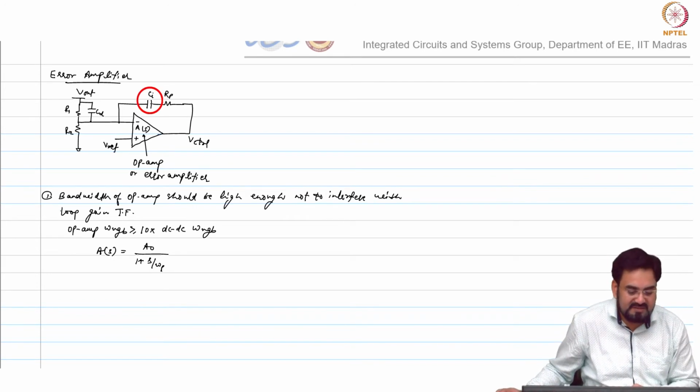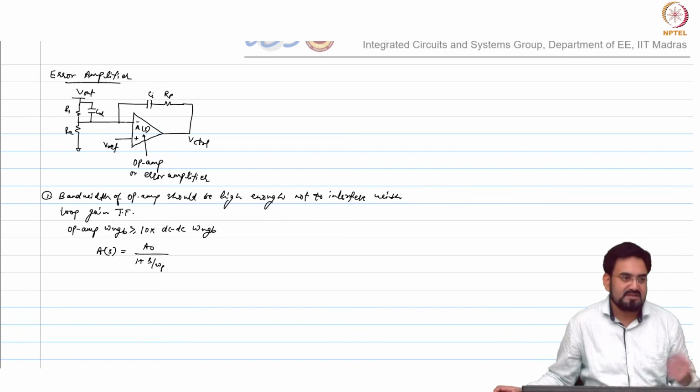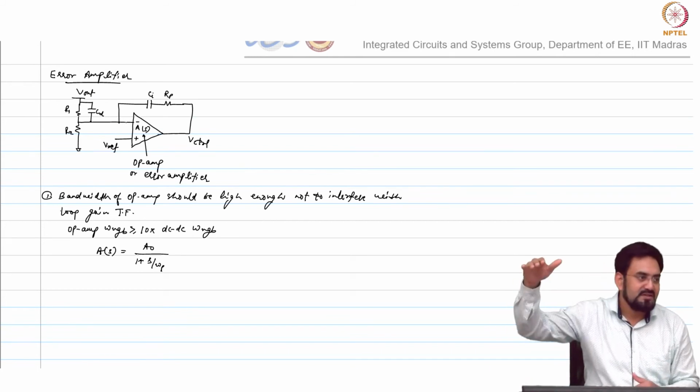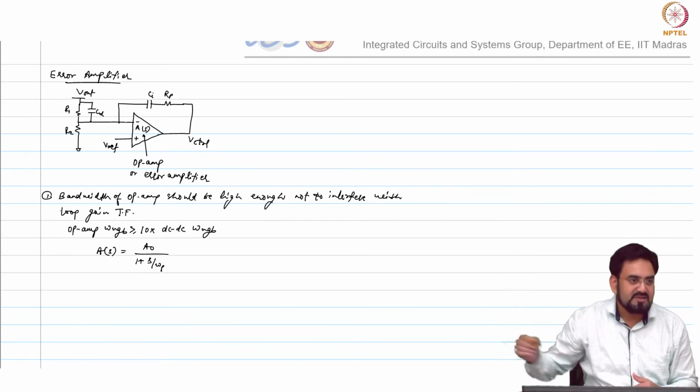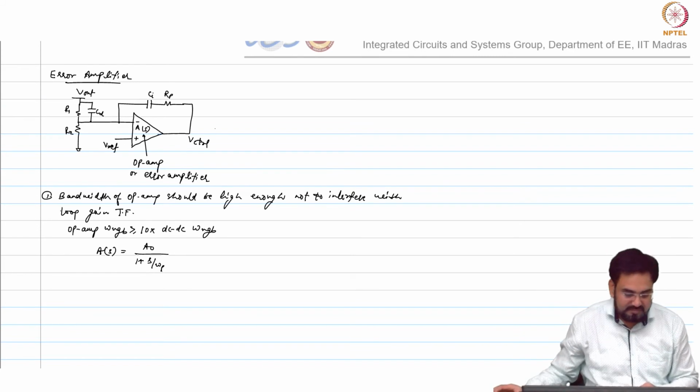Because at high frequency this will be shorted, and this will also be shorted, so it will act more like a unity gain amplifier. So until UGB you see a flat response. After that, 3 dB is shifted to UGB in the closed loop.